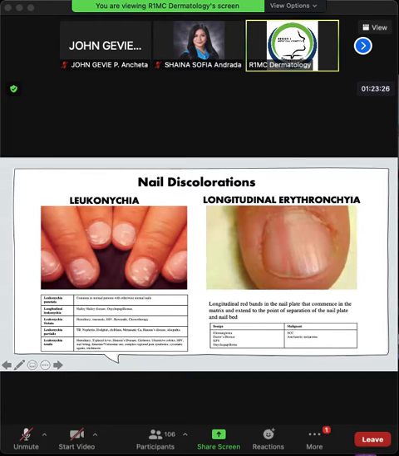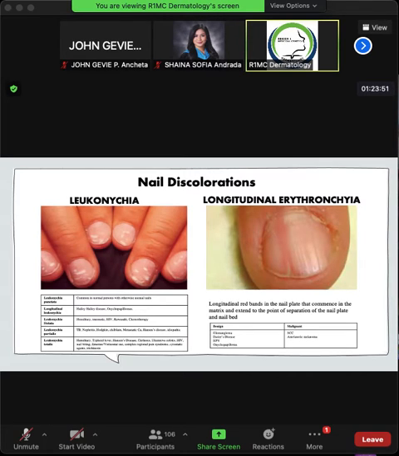We have 5 forms of leukonychia: leukonychia punctata, striata, longitudinal leukonychia, leukonychia partialis, and leukonychia totalis.